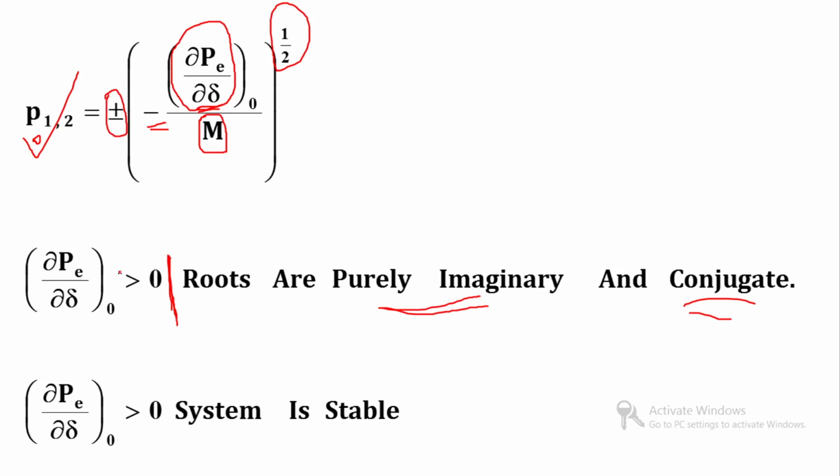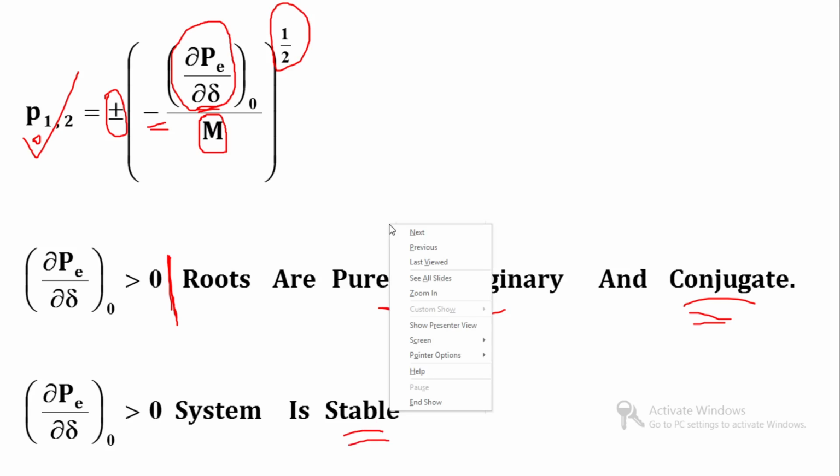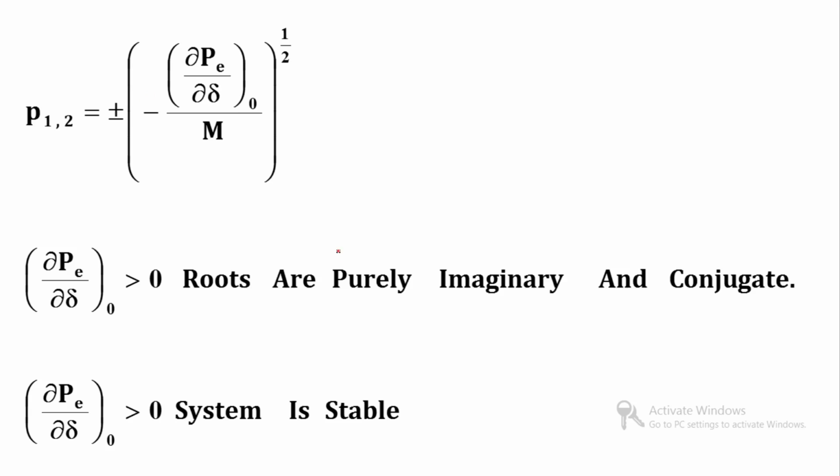We have learned from our subject of control system engineering that if roots are imaginary and complex conjugate of each other, then the system is stable. Let me explain once again. Suppose del pe by del delta 0 is greater than 0, so the term in bracket is negative.